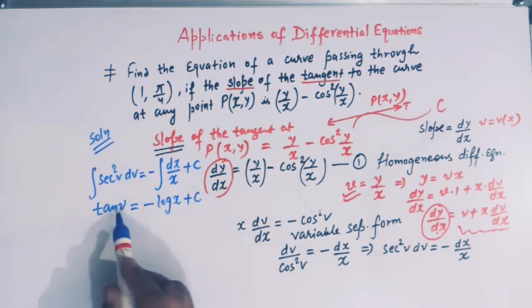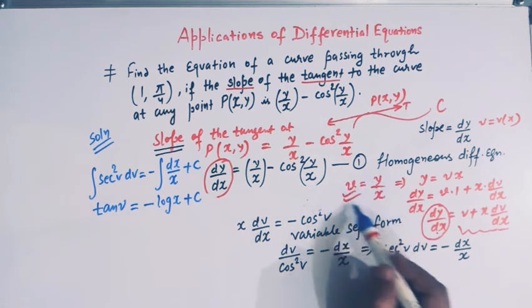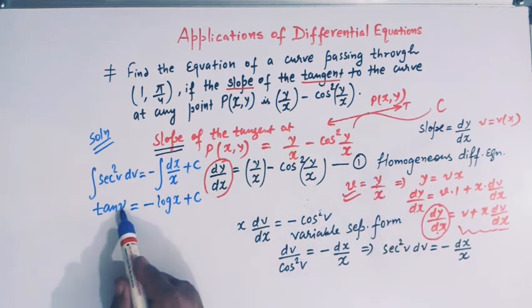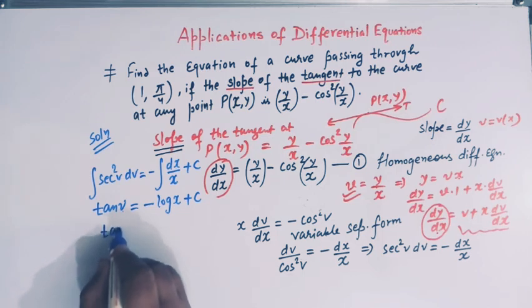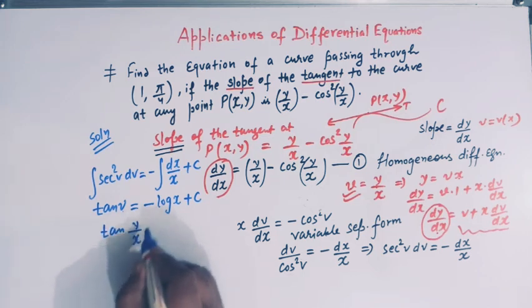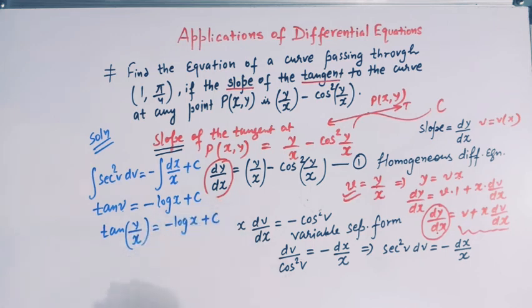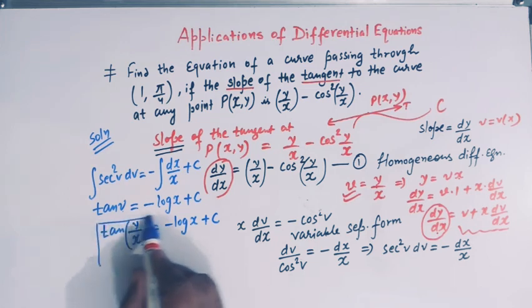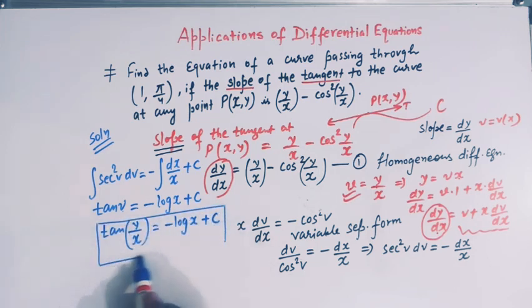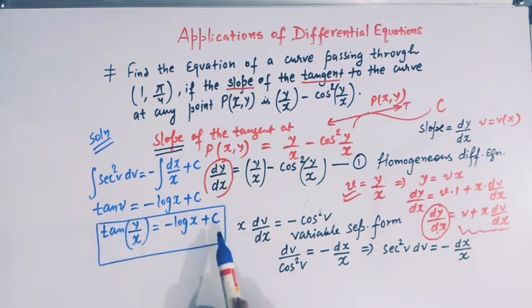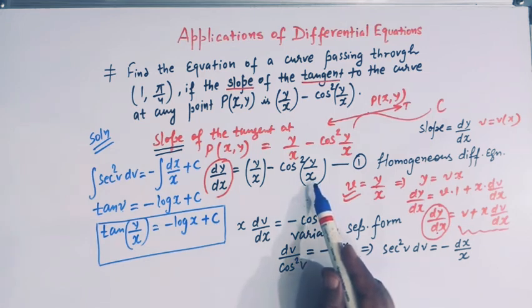Now resubstituting v = y/x here, we have tan(y/x) = −log x + c. So this is the general solution of this differential equation.